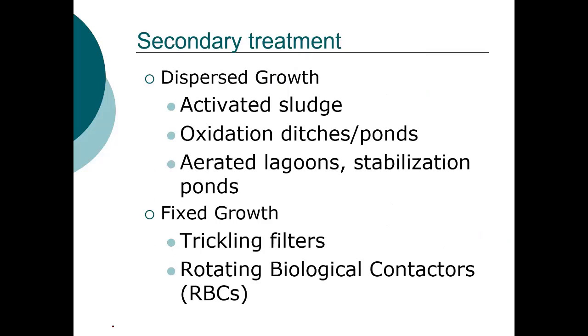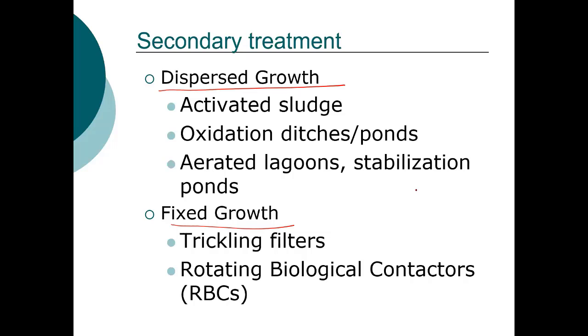Now, when we talk about biological growth in secondary treatment, we talk about it in terms of both dispersed growth and fixed growth. So dispersed growth, the microorganisms are dispersed within a treatment system. This can be an activated sludge system, it can be oxidation ditches. We'll go through and look at these. It could be an aerated lagoon or a stabilization pond.